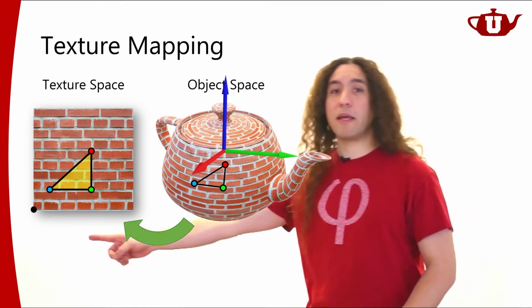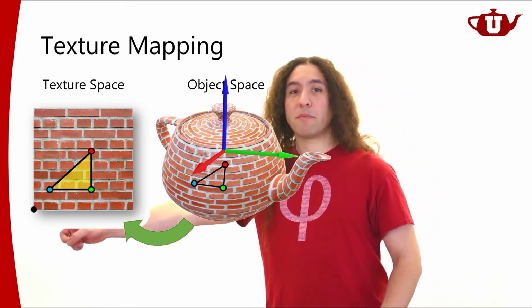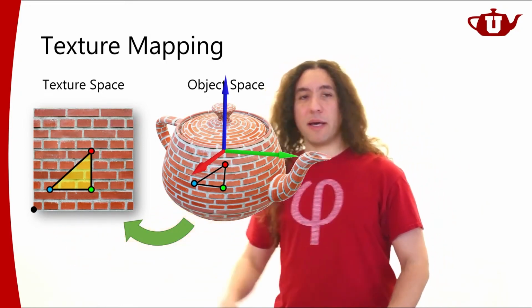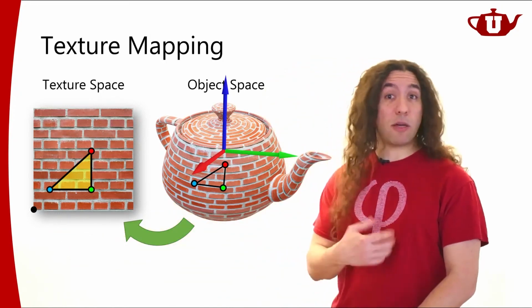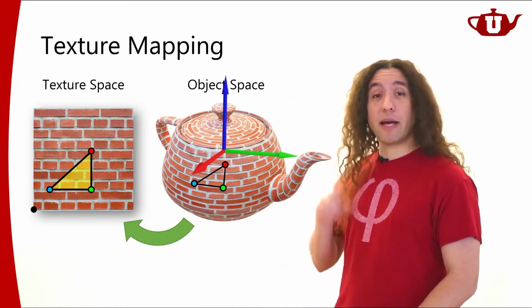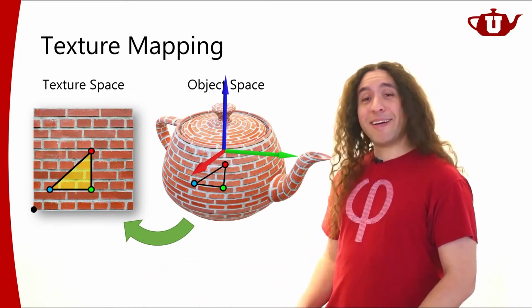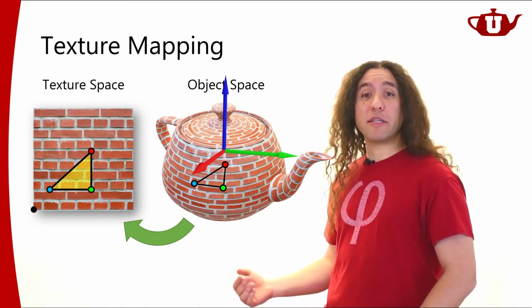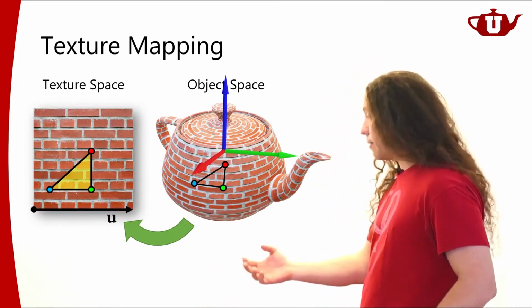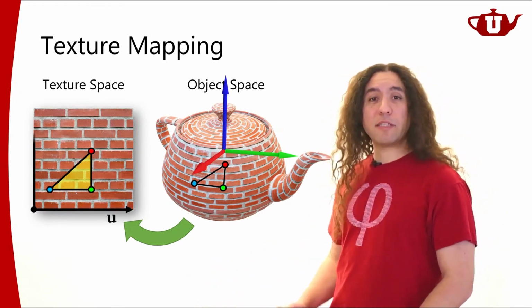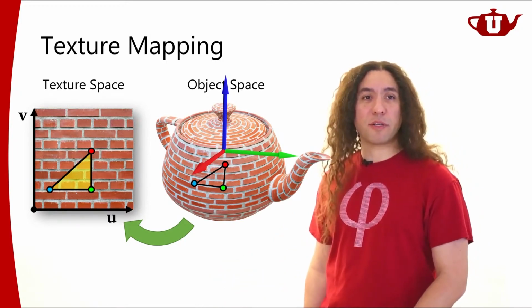The bottom left over here is going to be the origin. That's the OpenGL standard. It's not the top left, it's the bottom left. And I'm going to have two directions here. The U direction is the horizontal direction, and the V direction is the vertical direction.